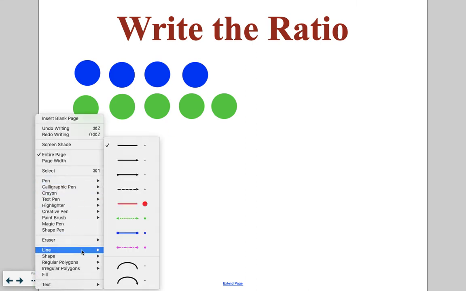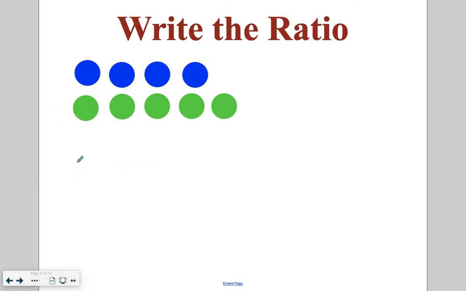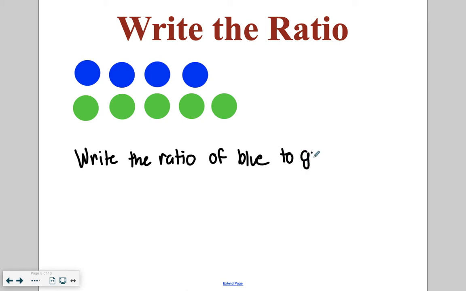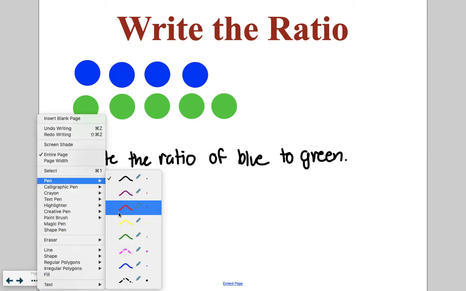There's two ways this question could be asked. The first possible option would be to write the ratio of blue to green. That means it wants the answer for blue first, aka in the numerator, and the green second, aka in the denominator.